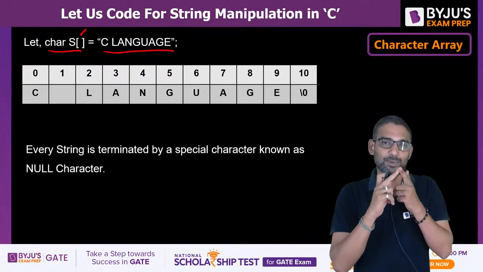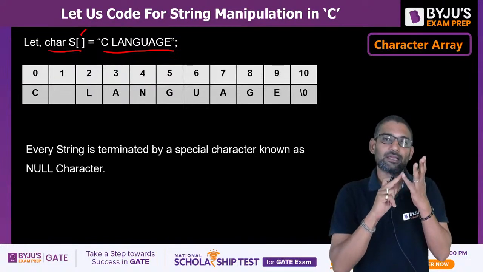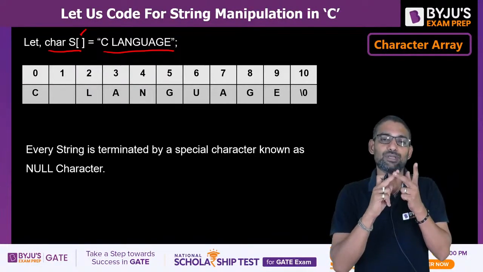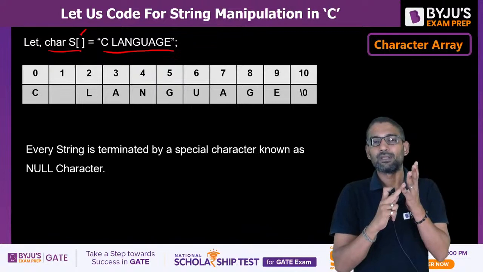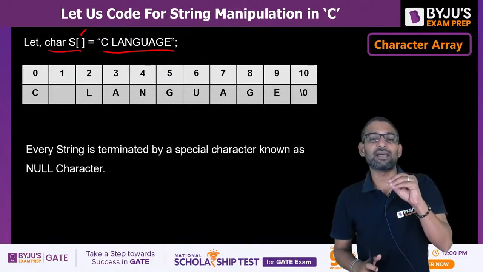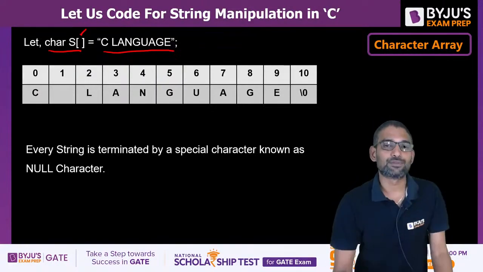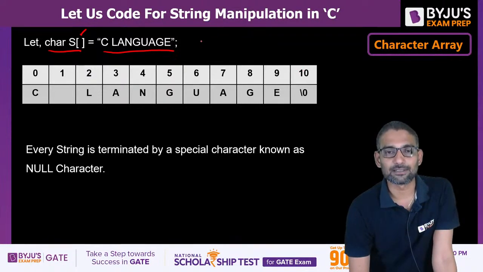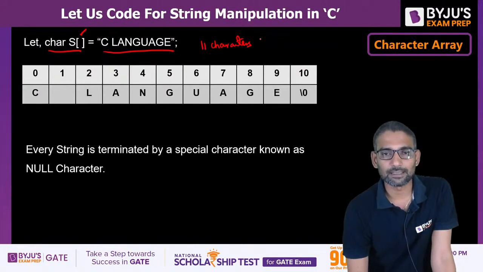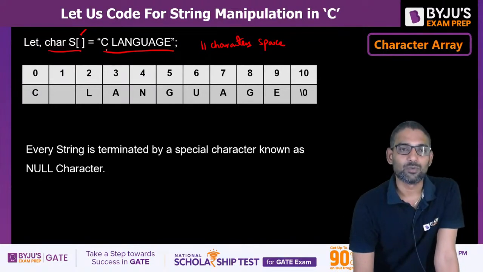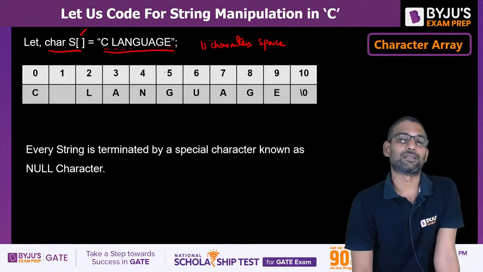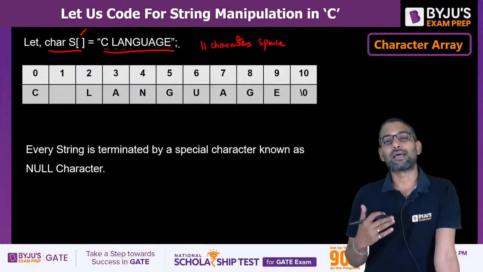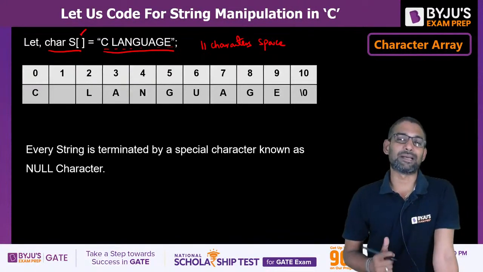C space L A N G U A G E. So actually I have given 10 characters, but you see 11 characters space is created. 11 characters space is created. That means always with how many values you have given, plus 1 characters space is allocated by default.